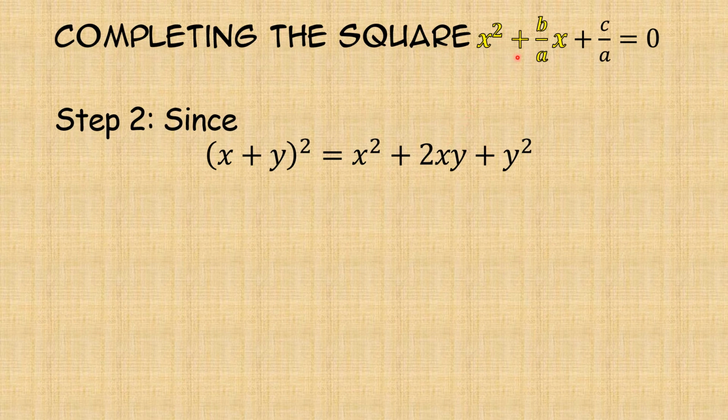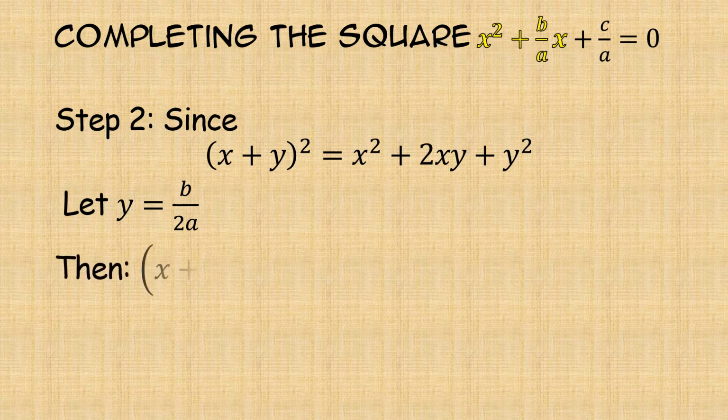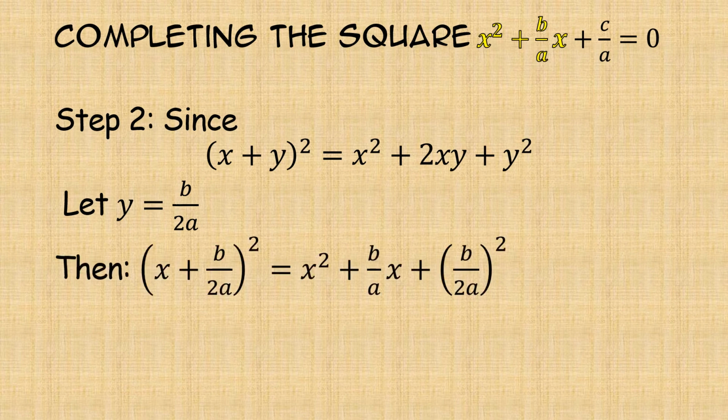Well, we can't change x because x is a common unknown in both equations. So let's try changing y to see what happens. We can see that if we let y equal b over 2a, the equation becomes x plus b over 2a all squared equals x squared, that remains the same, plus b over a x. This comes from taking 2 multiplied by b over 2a, so the 2's cancel and we are left with b over a, and then lastly added by b over 2a bracket squared.